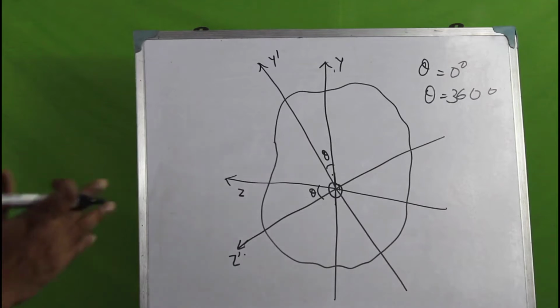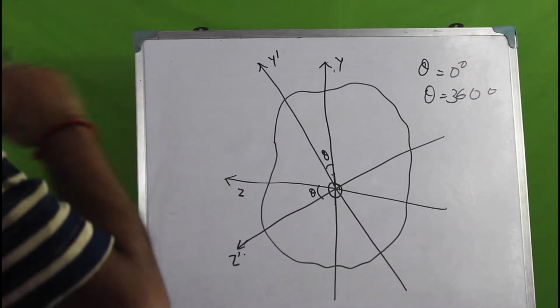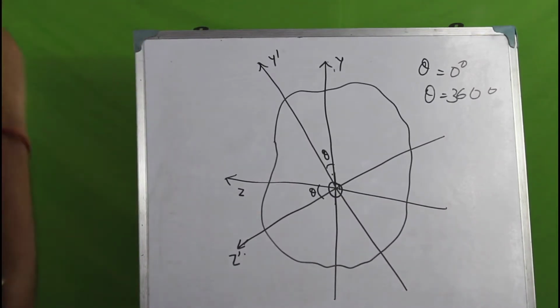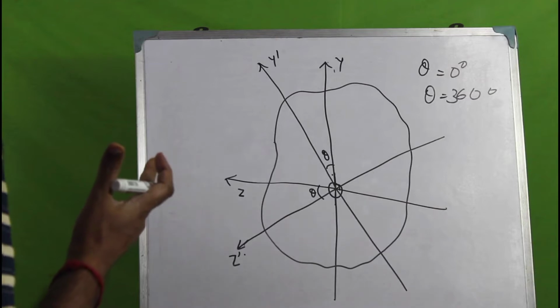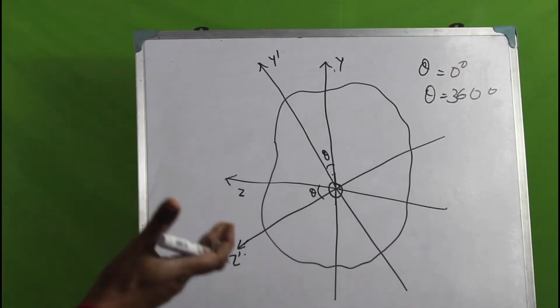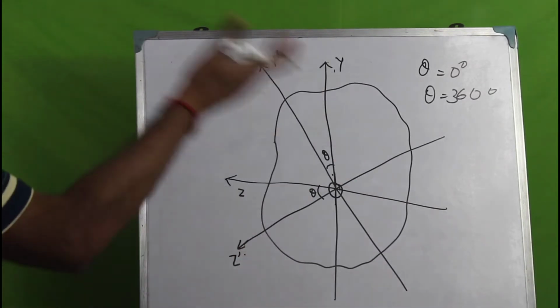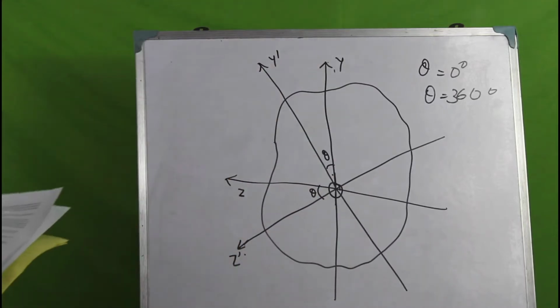Based on how you are looking at the figure, the definition of horizontal and vertical could change, right? So the point here is that you can have multiple sets of centroidal axes, right?